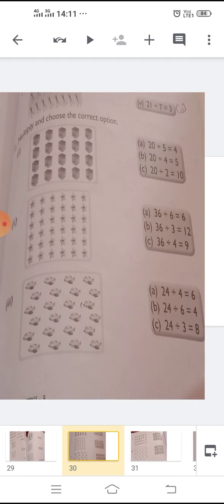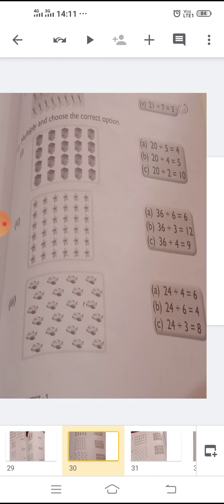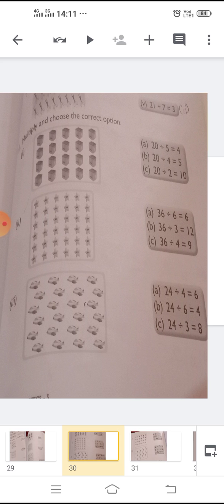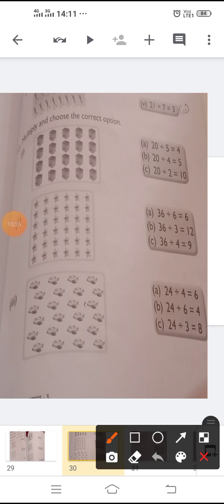Now come to the next question. Multiply and choose the correct option. There are three options. For example, the first one is a battery, a battery of an inverter, I think. So you can see we have to choose the correct option.